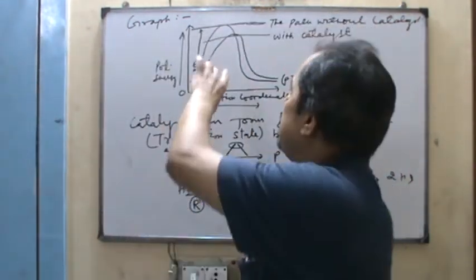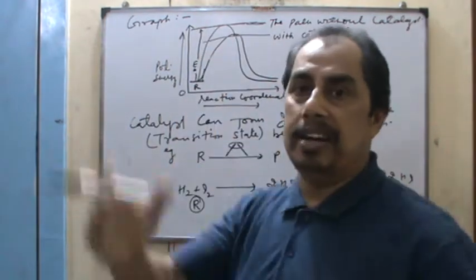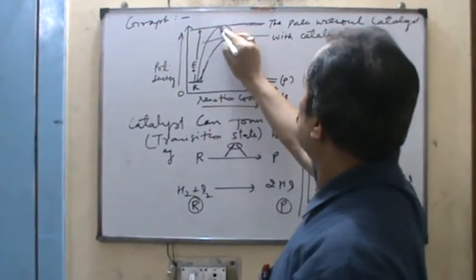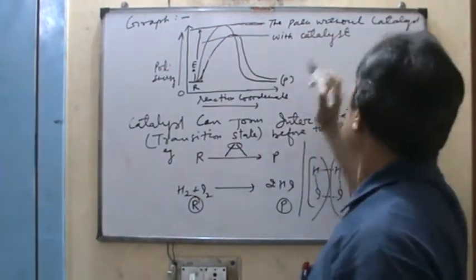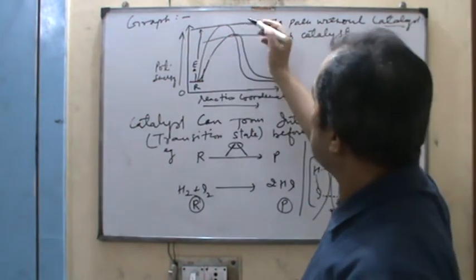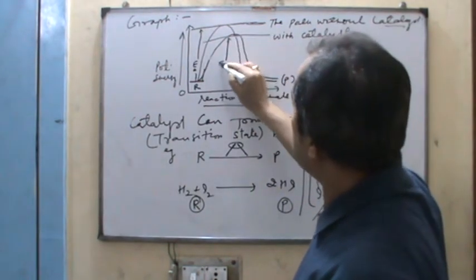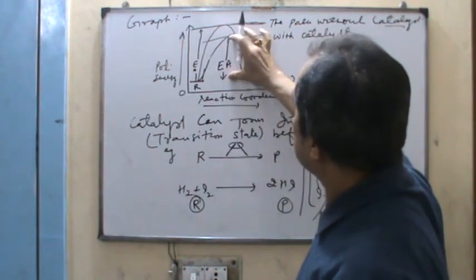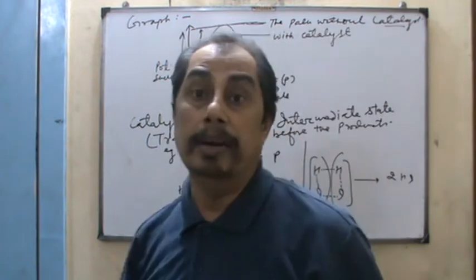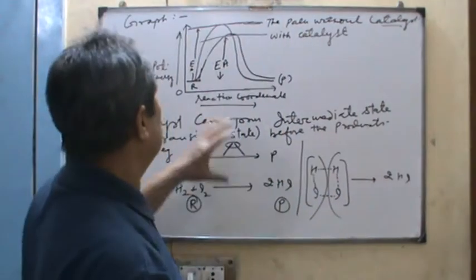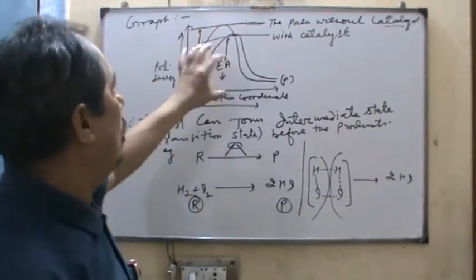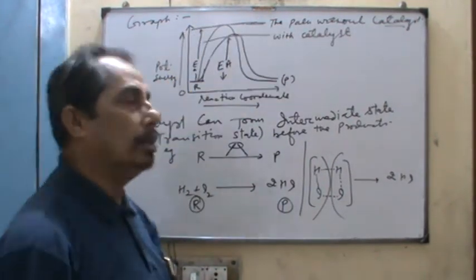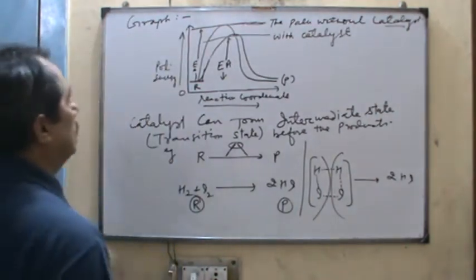Once we have provided the catalyst, the activation energy becomes lower. Where there is no catalyst, the activation energy becomes very high. But here this is the activation energy, and that is the small area, minimum surface area that is going to be covered. So the catalyst can alter the rate of chemical reaction and provide a suitable path to form the product. Is it clear to everyone?